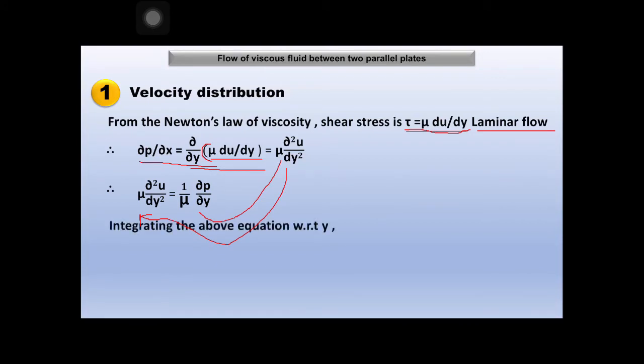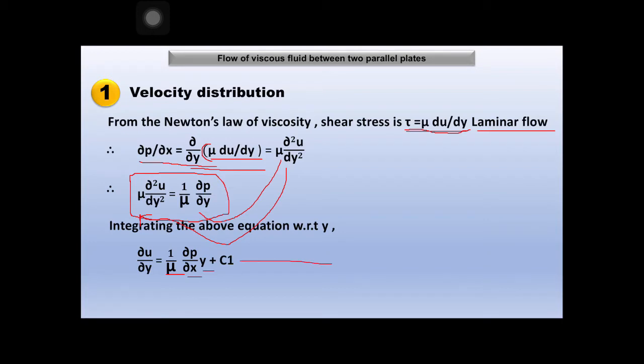If we integrate this equation with respect to y, since this equation has a square, to get the complete integration we need to integrate this equation two times. So the first integration will come as delta u by delta y is equal to 1 by mu, which stays as it is since it is a constant term, into delta p by delta x, and y will come as a separate term, plus c1, which is nothing but a constant of integration.